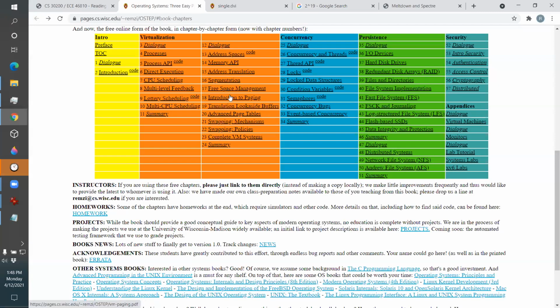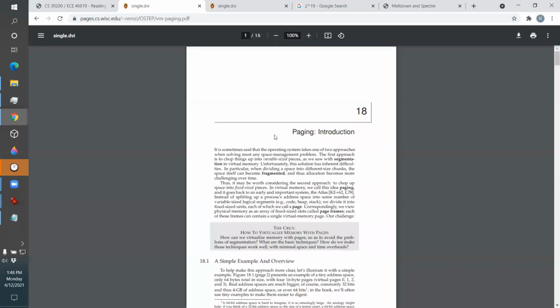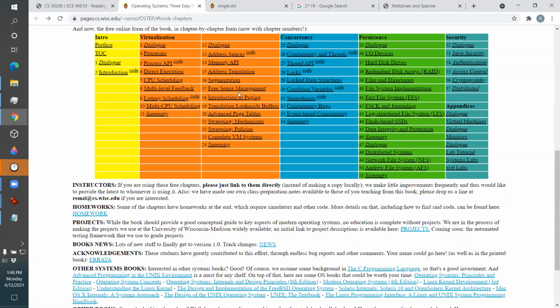Then the third version of the memory management unit is the one that people use now, paging. That's the memory management unit that is in use in modern computers, a paging virtual memory management unit. So we're going to go from what's called a base and bounds memory management unit to a segmentation memory management unit to a paging memory management unit.